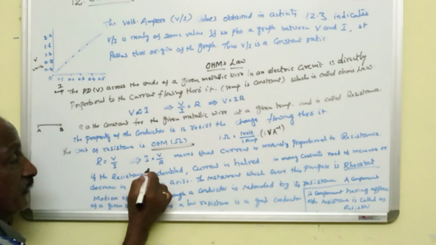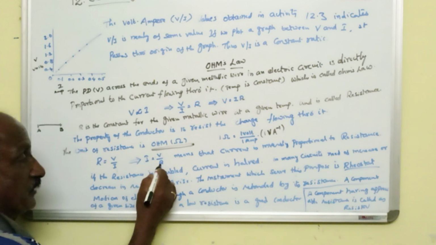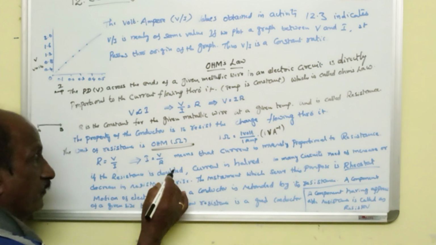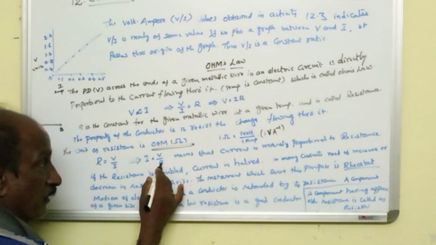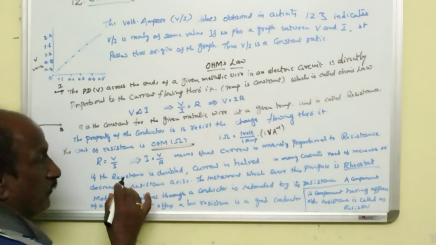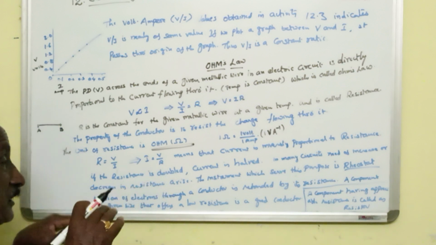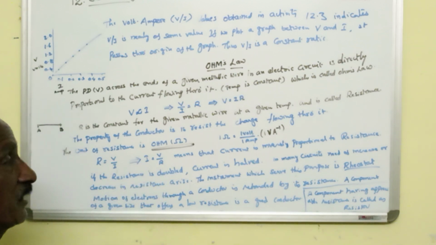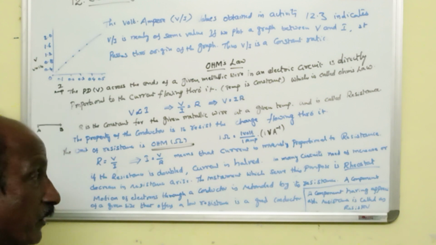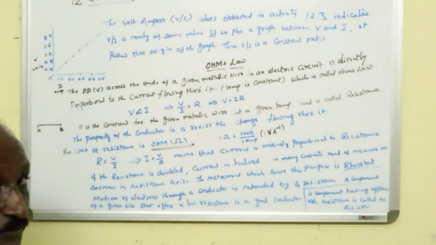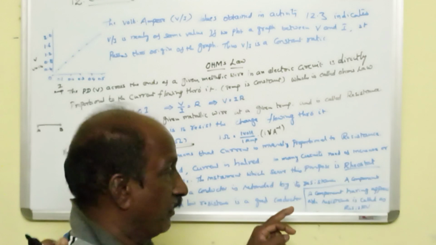If the resistance is doubled, the current is half. Like that, if the resistance is quadrupled, what will be the current? Some problems like that you try to do at home, which gives you a very good idea.